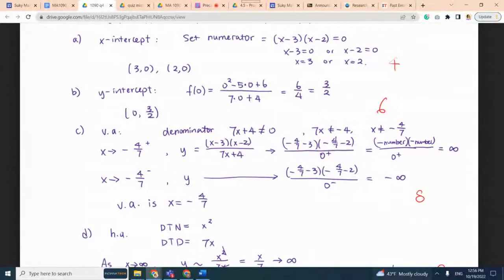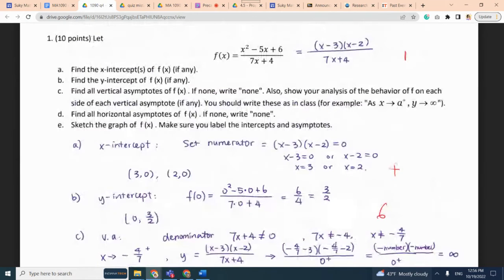Well, in this case, 7x plus 4 will go to 0 plus. Yes, everybody? And do you want to plug in the original form or the factor form? The factor form. Okay? So say it. Factor form. Right? Say it again. All of you. Factor form. Yes. We want to plug in the factor form.